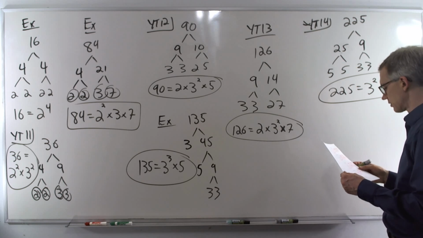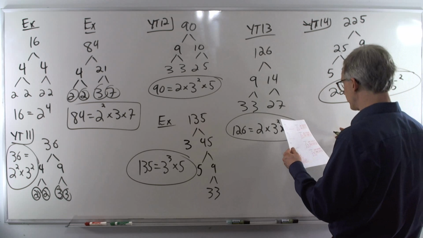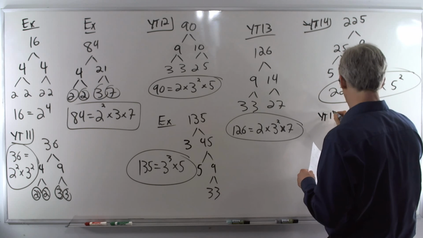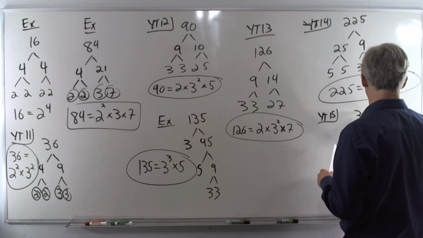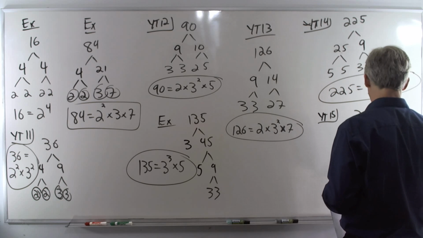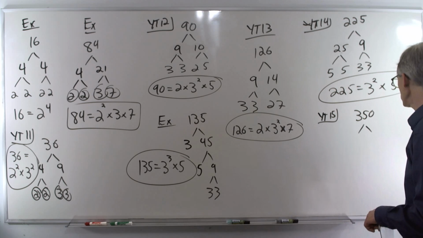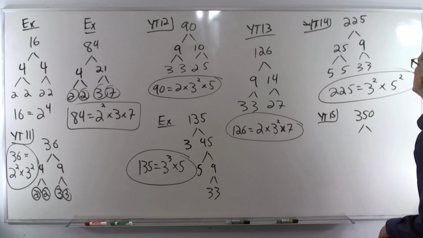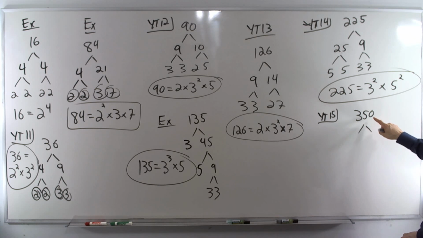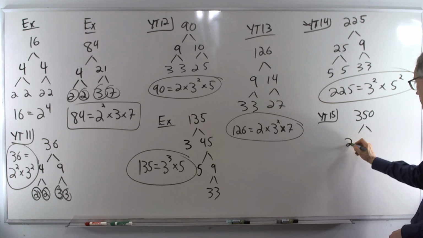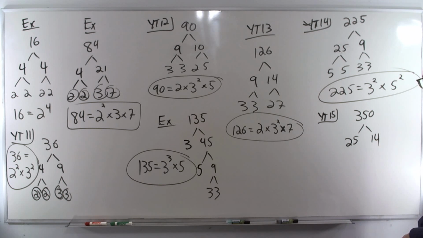And finally, your turn number 15. We're going to do 350. Now anything that ends in 25, 50, 75, or double zero is divisible by 25. So that is 25 times 14.